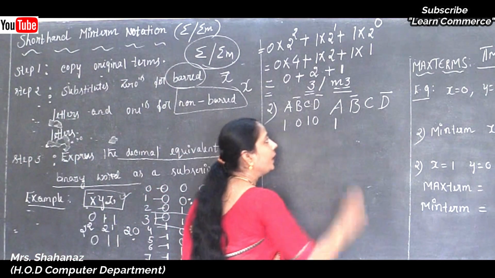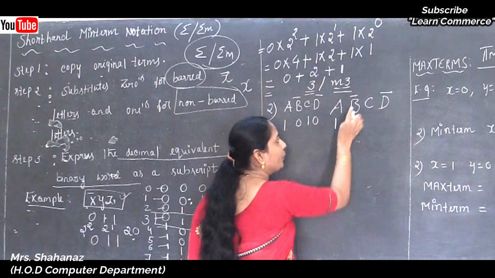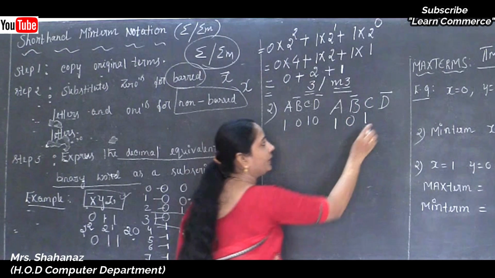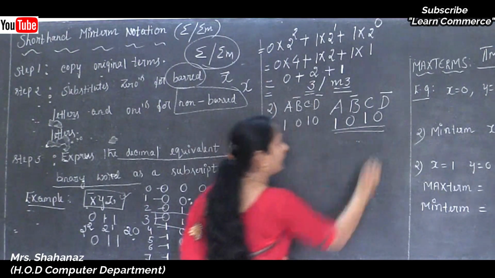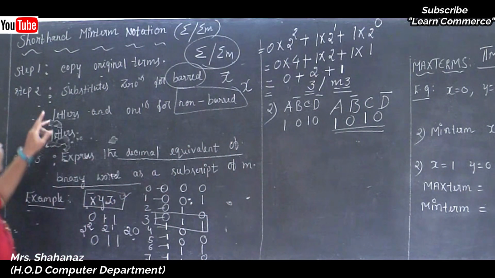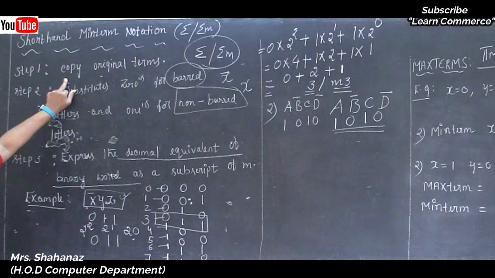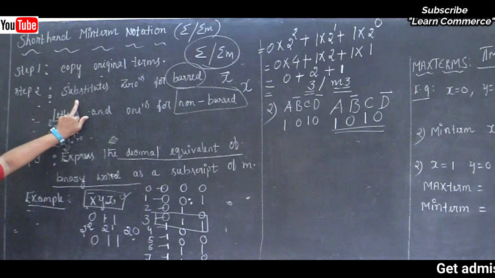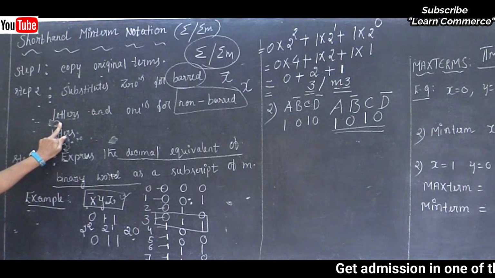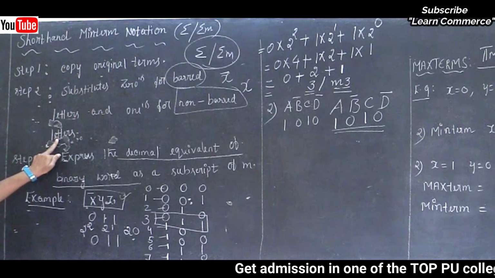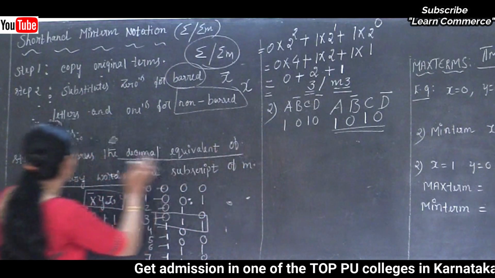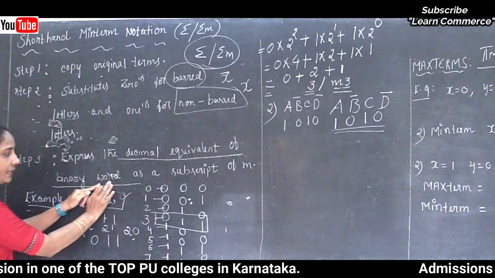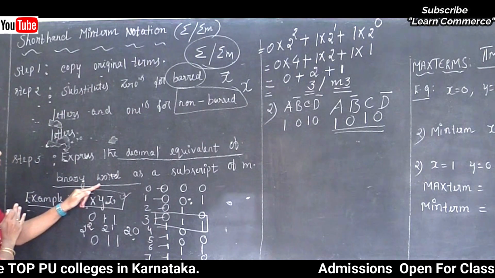So A value is 1, complement B value is 0, C value is 1, but complement D value is 0. So like that we take the first step. Then we substitute ones for non-barred letters, which we already completed, and next express the decimal equivalent of the binary word as a subscript of m here.